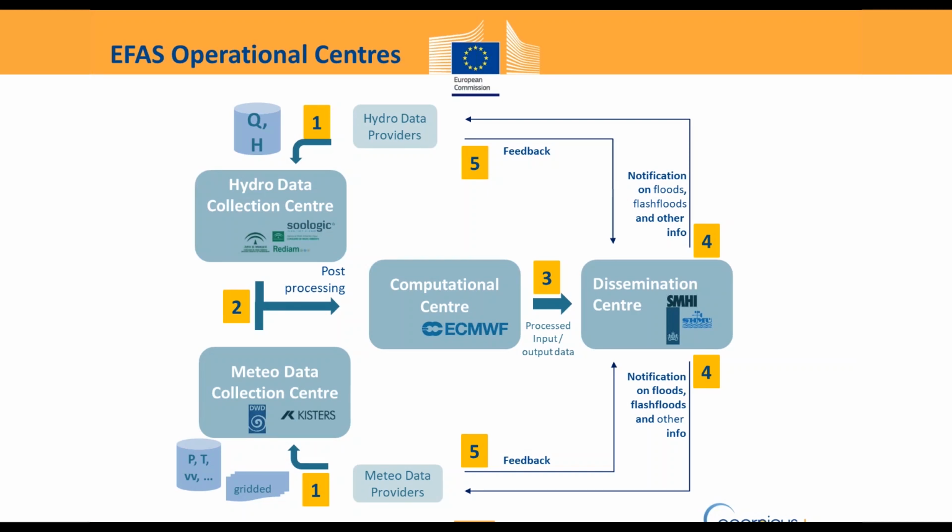And then similarly, we'll look at how the Meteorological Data Collection Centre both collects in observations, but also, of course, the forecasts that are used as part of EFAS. And then we will look at how these are used in the computational centre in terms of the modelling that is done. And then lastly, I will talk very briefly about how the dissemination centre uses your national information in different ways.